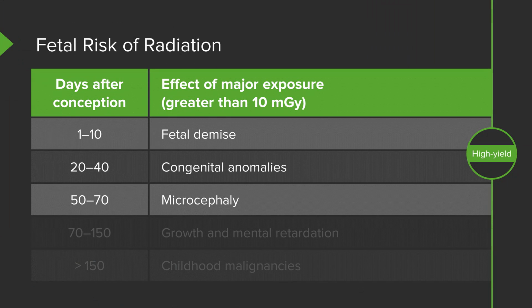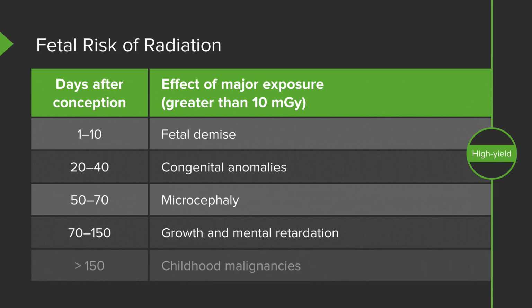At about 50 to 70 days, the radiation can result in microcephaly. Further out, at about 70 to 150 days, it can lead to growth and mental retardation. And again, these are all things that may or may not occur, and you may not know that they're going to occur until years after the child is born. Greater than 150 days after conception, it can result in childhood malignancies.